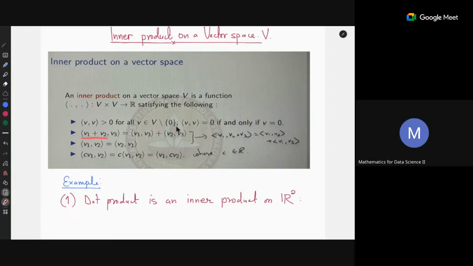Now the second condition says linearity. It is linear in the first coordinate.